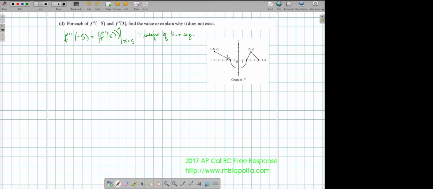In other words, the slope of this line segment, which goes down 2 and over 4. So this is going to have a slope of -1/2. If I want to find the second derivative at 3, I run into a bigger problem. Notice that at 3 I actually have a corner, so this is undefined because f prime has a corner at x equals 3.